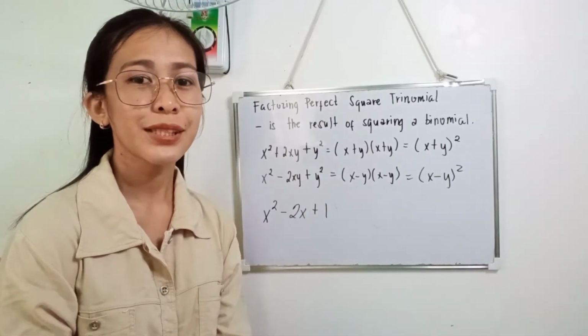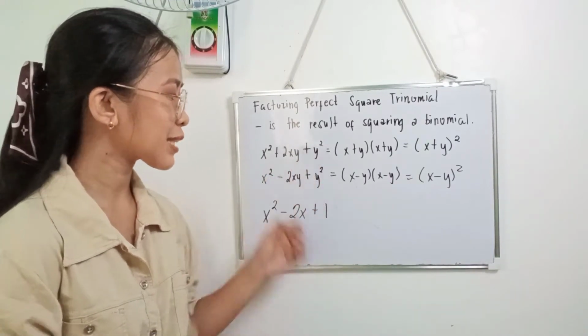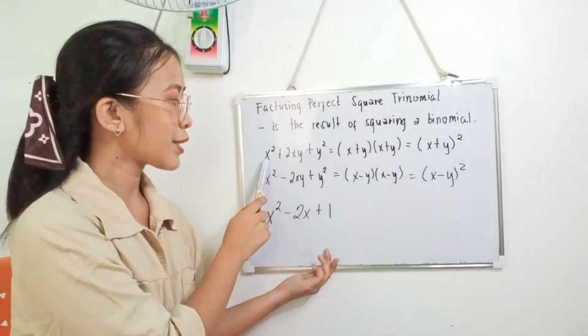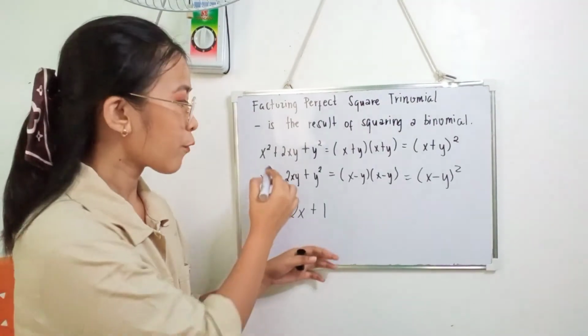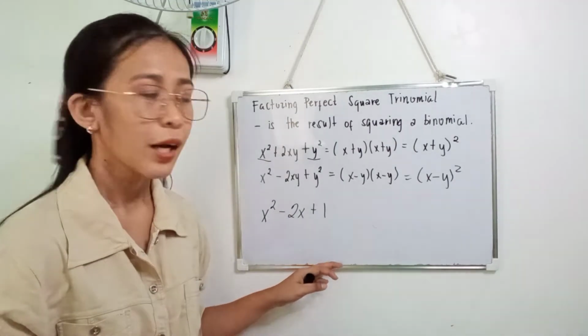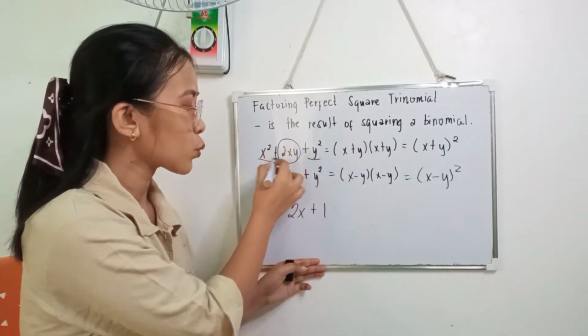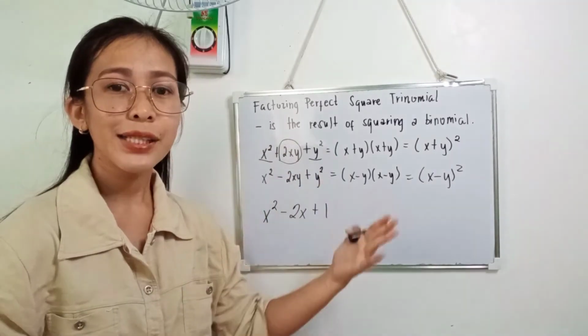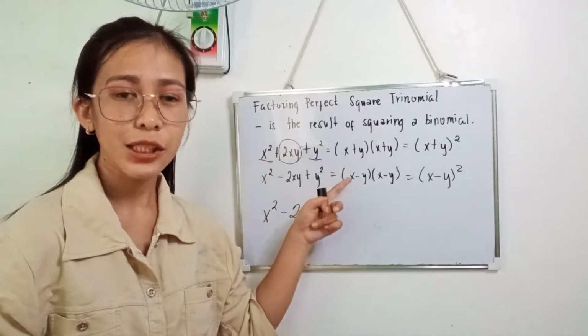So, to further explain this, palagi nyo tatandaan, ang perfect square trinomial is may first and last term, which is a perfect square. Dapat yung first and last term nito ay perfect square, and yung kanila namang second term, ayan, like for example, this one, 2xy, twice the product of the square root of this first and last term.